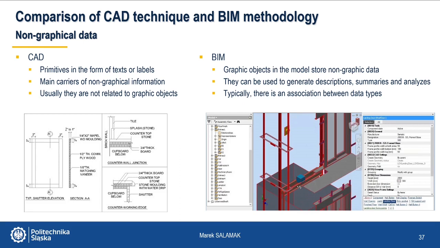These main carriers of non-graphic information are usually not associated with graphic objects. Graphical objects in a BIM model also inherently store non-graphical data. Therefore, they can be used to generate descriptions, summaries, bills of quantities, and different analyses.